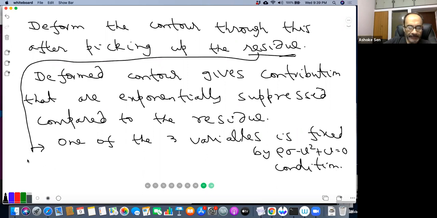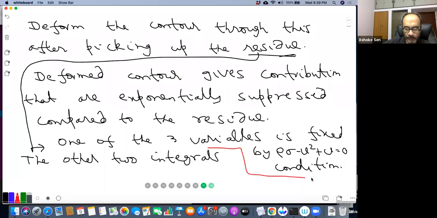And it turns out that the other two integrals can be done using steepest descent method.